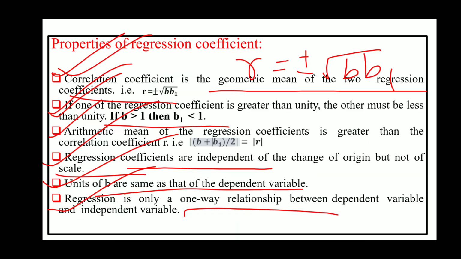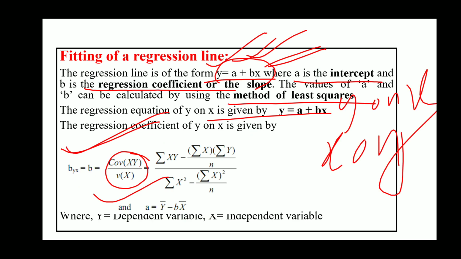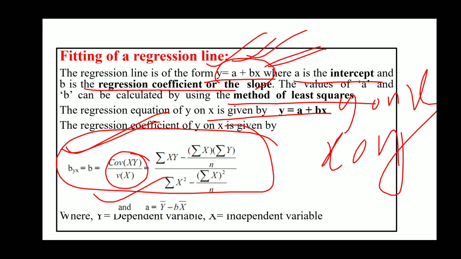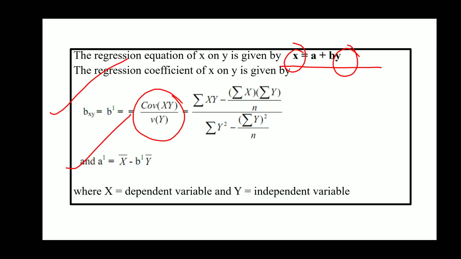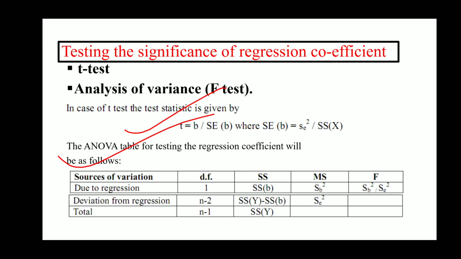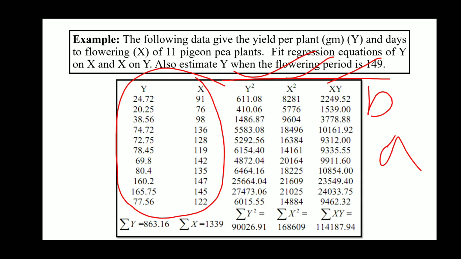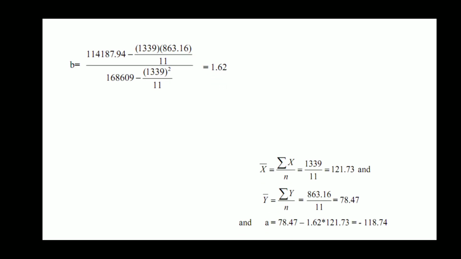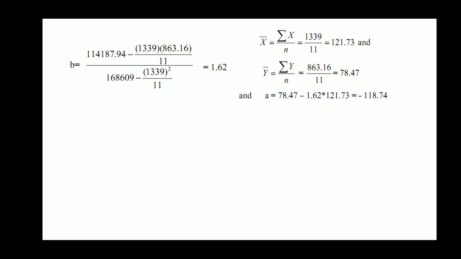This is the formula of b for y on x and for x on y. Okay, let's calculate b and a. For calculating b and a, we need to have the x square value, y square value, and the multiplication of x and y. Now this is the value of b, that means your regression coefficient of y on x.